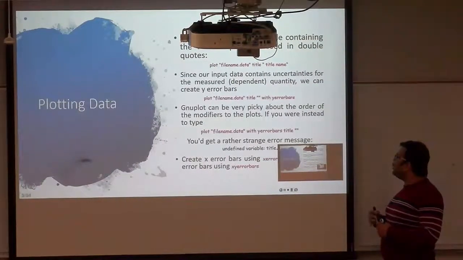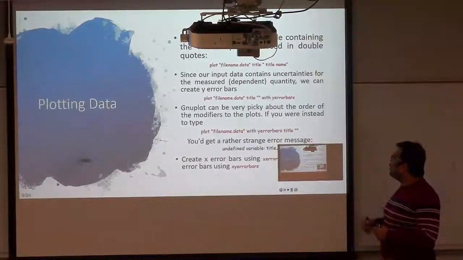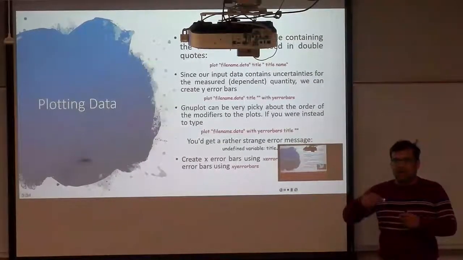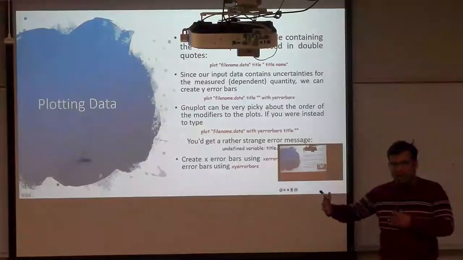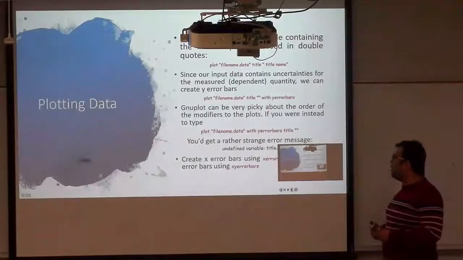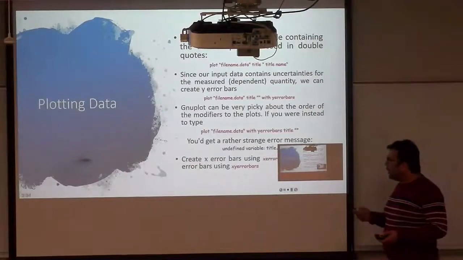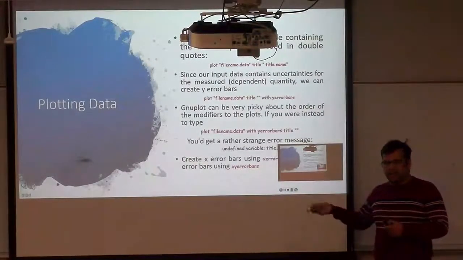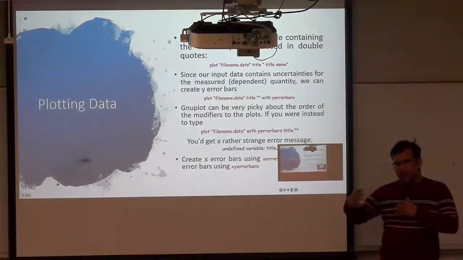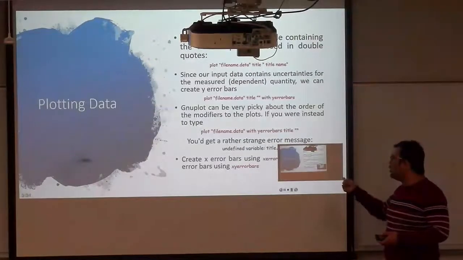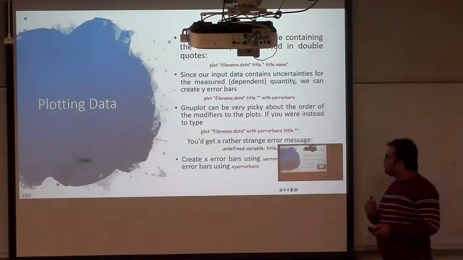If we set y error bars, then it will consider the uncertainty of the dependent variable with respect to the independent variable. And we can also include x errors by x error bars, or both x and y axis errors with xy error bars.